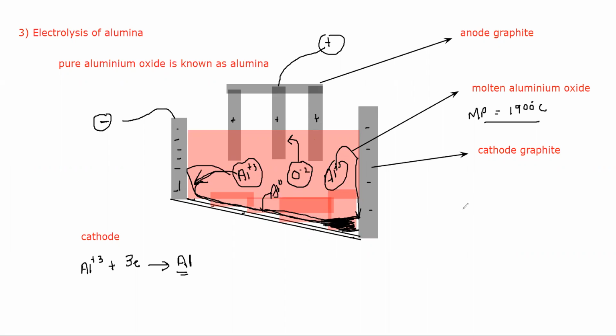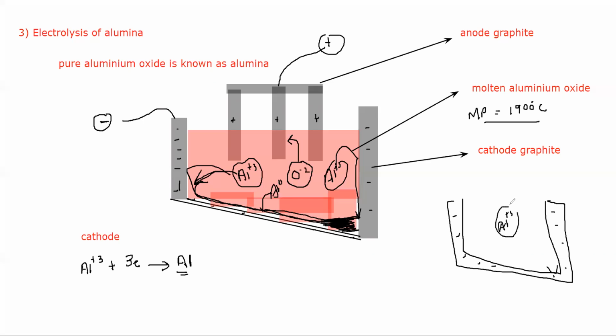This whole electrolytic cell is one part, and this whole is negative. So aluminium ions can be attracted because there are many aluminium ions. It's not like one aluminium ion. So aluminium ions, where they're closer, will be attracted towards the cathode, gain electrons and change to aluminium metal.